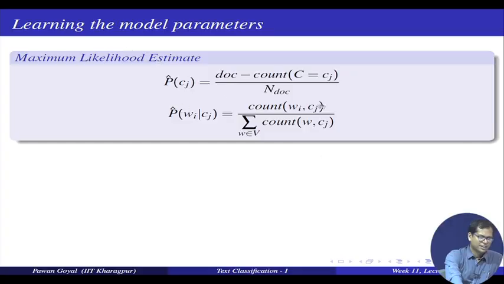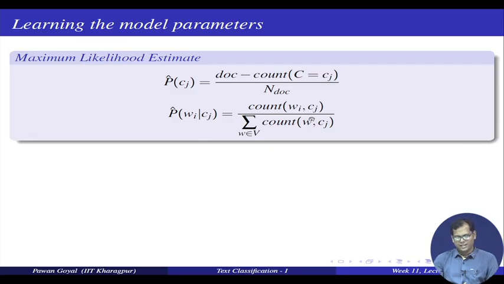Then how do we compute the probability of xi given cj, the probability of a word given the class? That will again be very easy, similar to what we did in language modeling. It is the number of times this word wi occurs in class cj, divided by the count of all the words occurring in class cj.